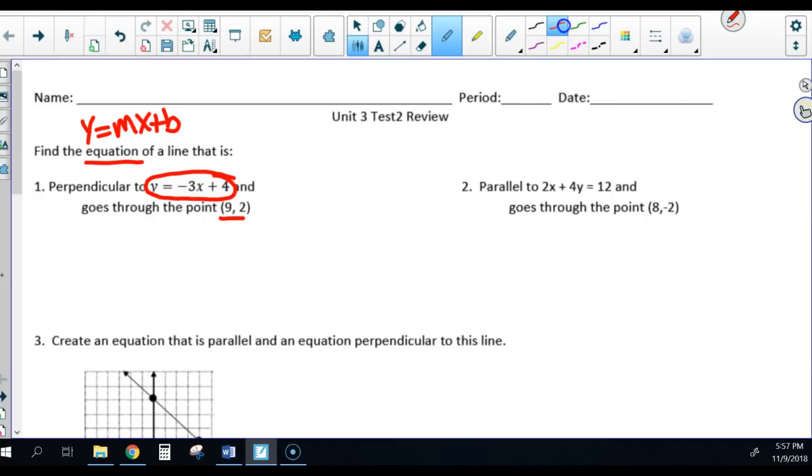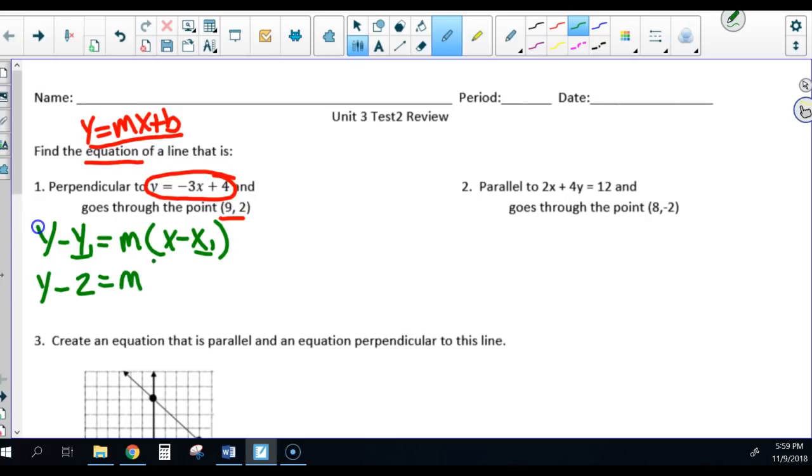So the way we're going to get our equation in slope-intercept form is to start by using the point-slope formula, which is y minus y1 equals m(x minus x1). Our ordered pair, (9, 2), is going to go into the x and the y. So y minus 2 equals m(x minus 9).